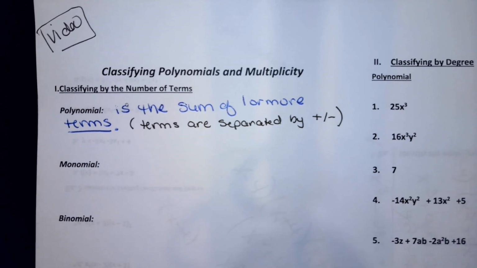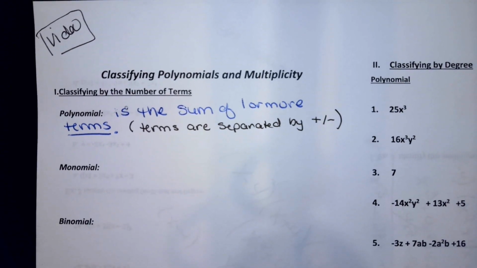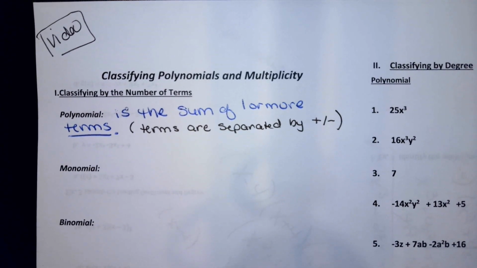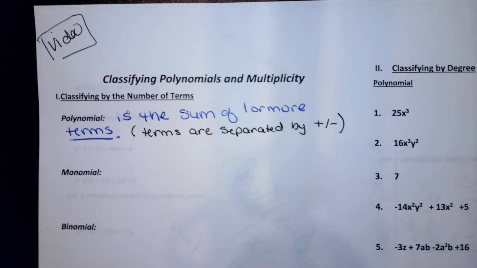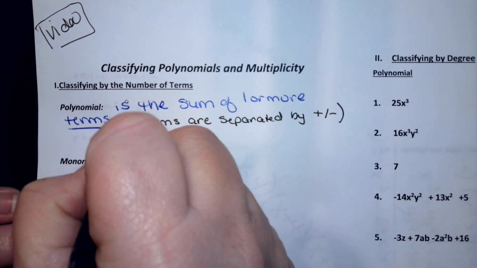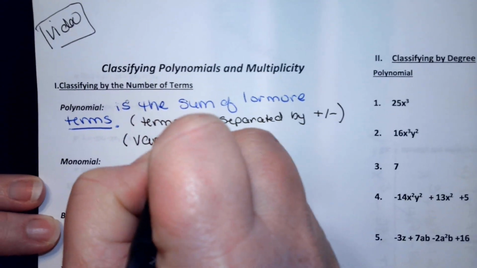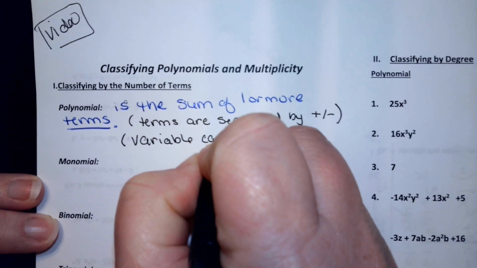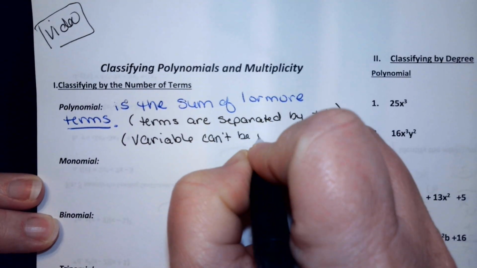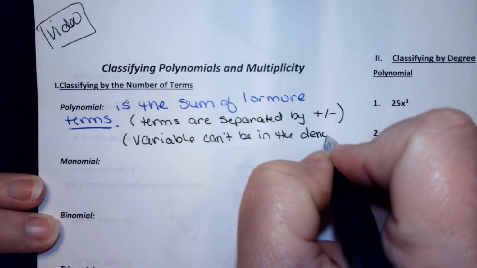Well, the key thing in recognizing a polynomial is that you don't want any negative exponents, because when you have a negative exponent, it drops a variable to the denominator. So basically, a variable cannot be in the denominator.